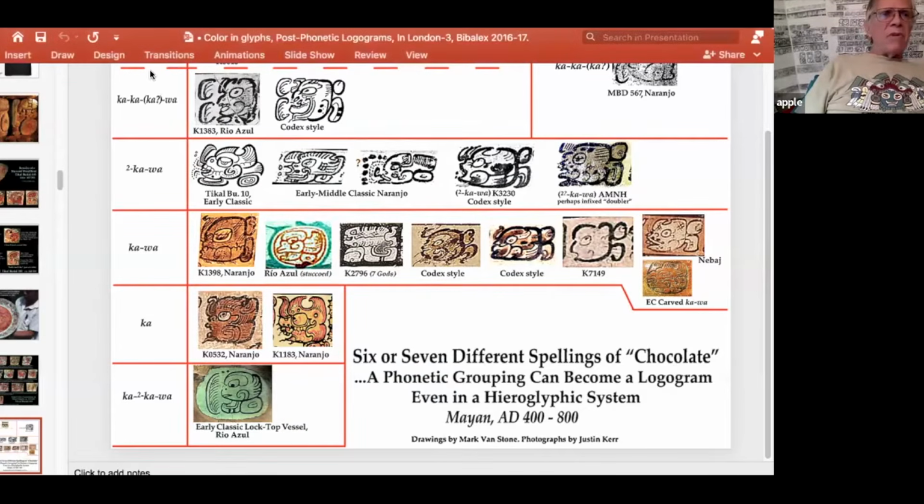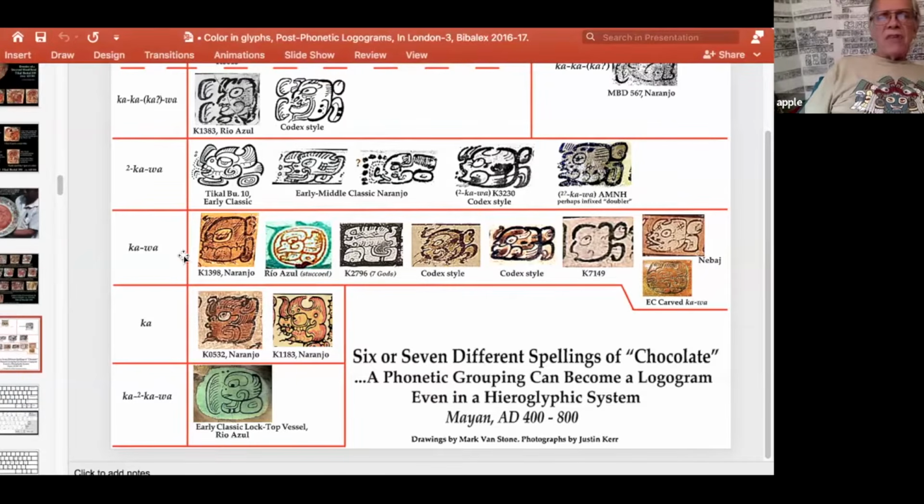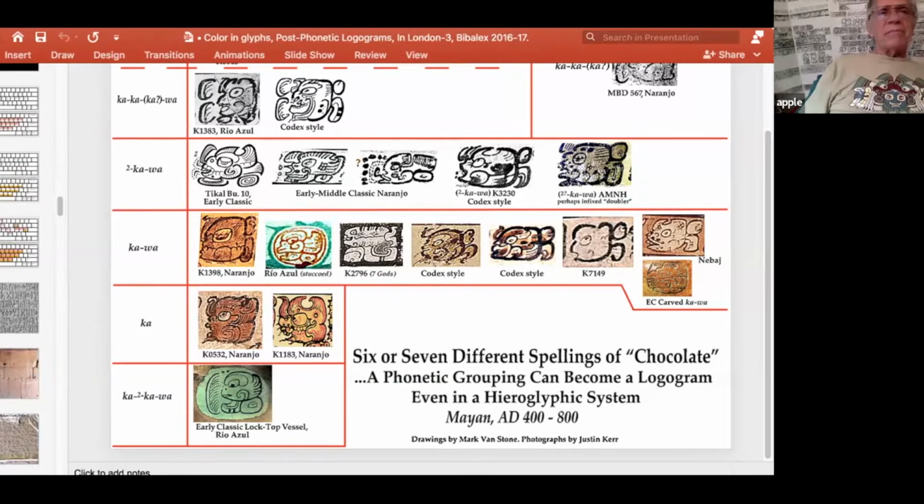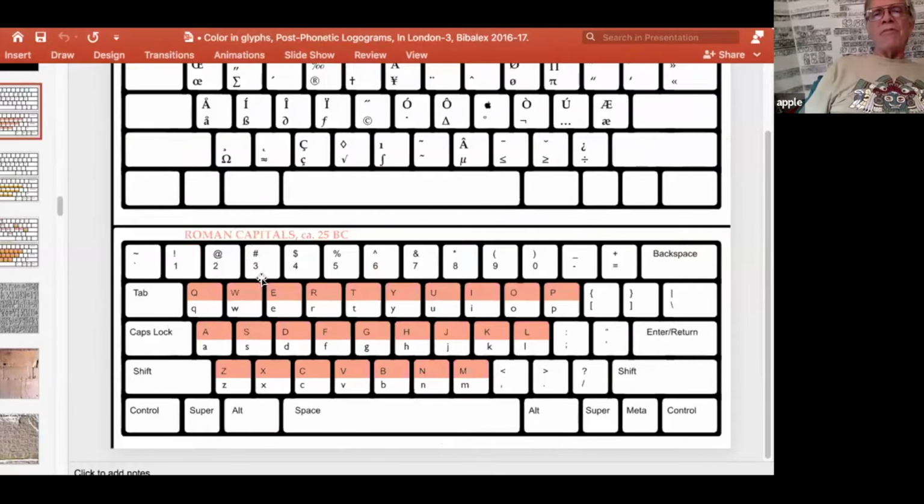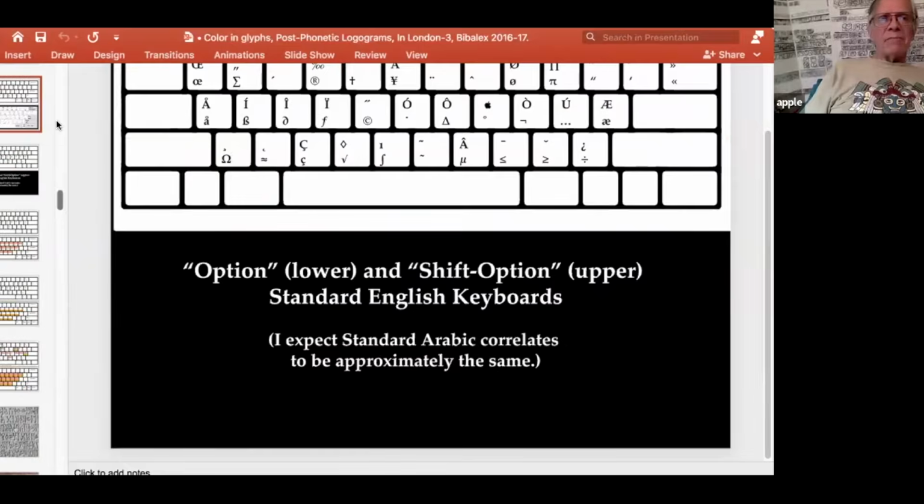That's the same table from this. Let's see. That's the last slide in this particular PowerPoint. The rest of the PowerPoint is about the distribution of logograms and phonograms on typewriters. So we'll leave that.